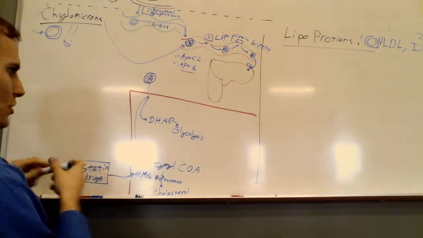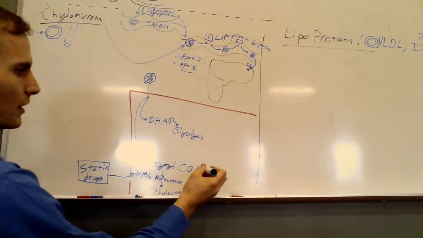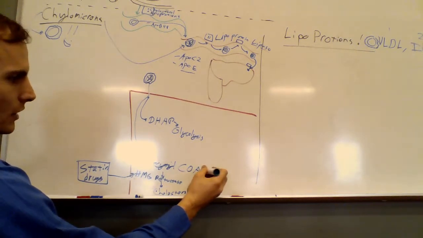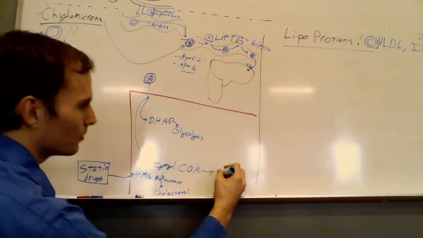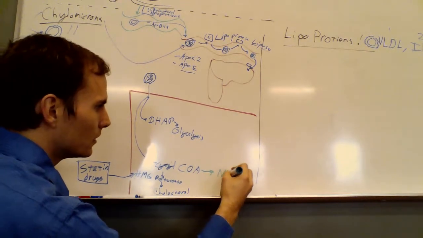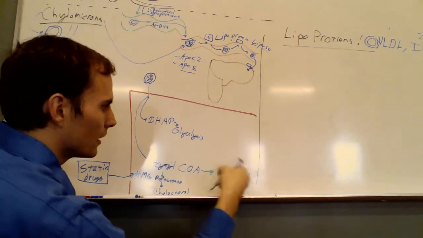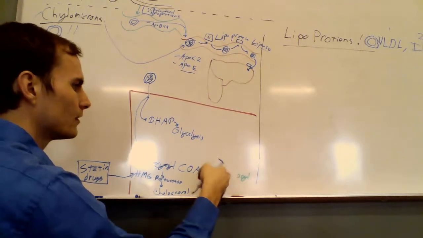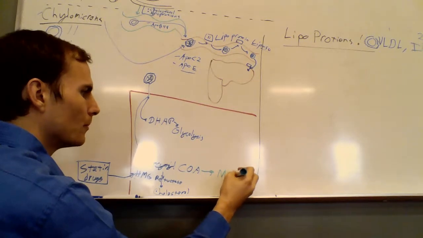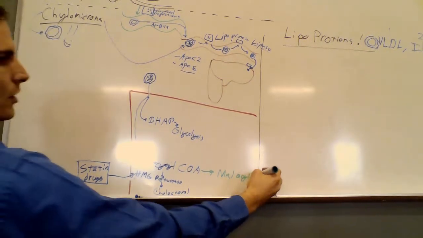I'm going to go ahead and switch colors so that we can see what the other pathway is. So some of it goes to cholesterol. Others will go to something called malonyl-CoA.